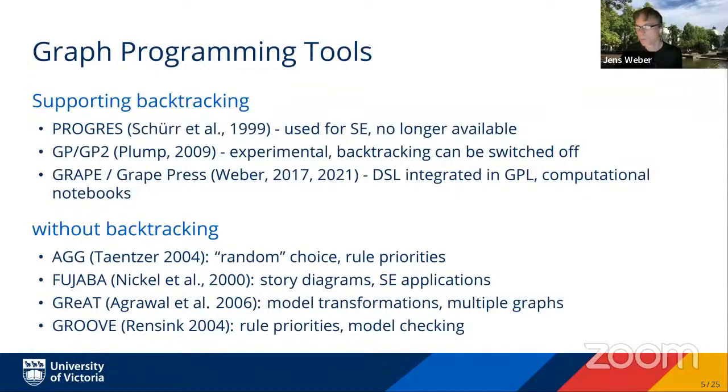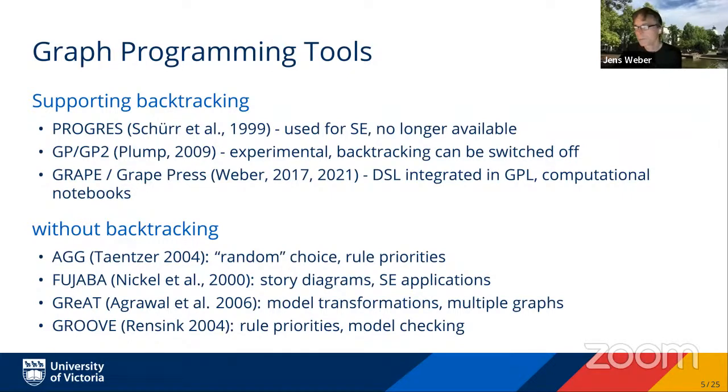It does support conflicting pair analysis to avoid these non-deterministic choices. For Java, there is Grate and Groove. They all have their various niches and particular applications. So Groove, for example, for model checking and verification, and Grate for model transformations.